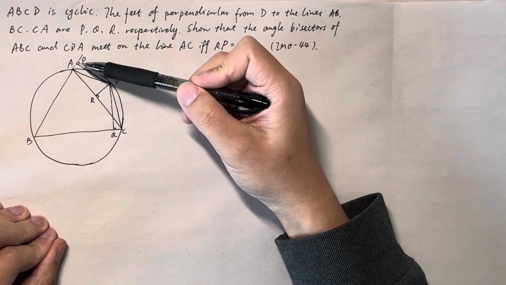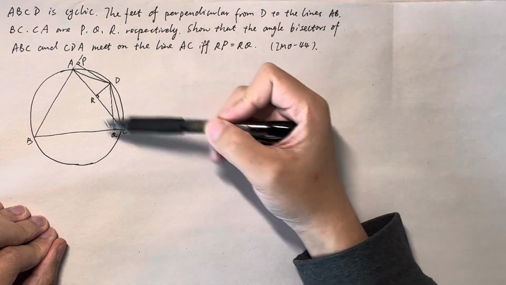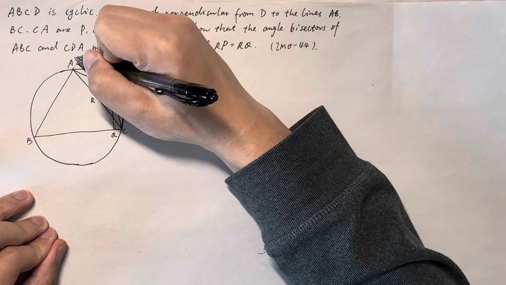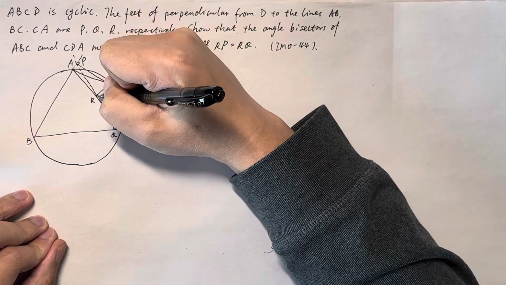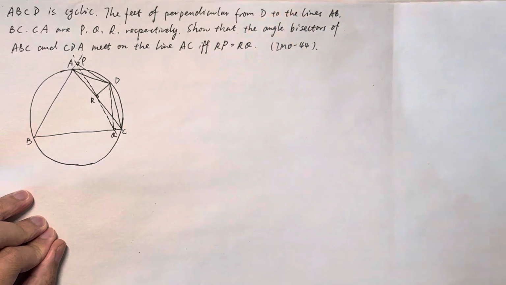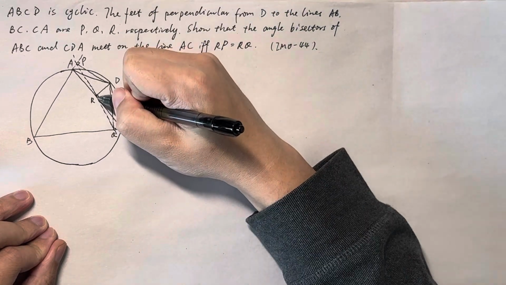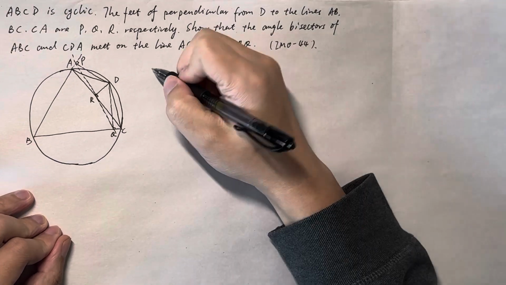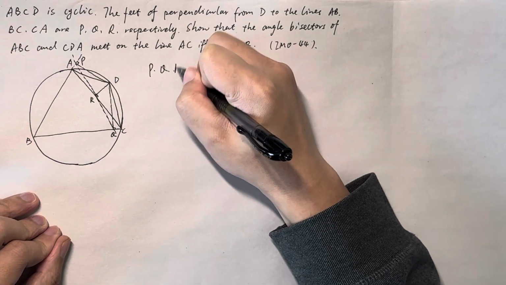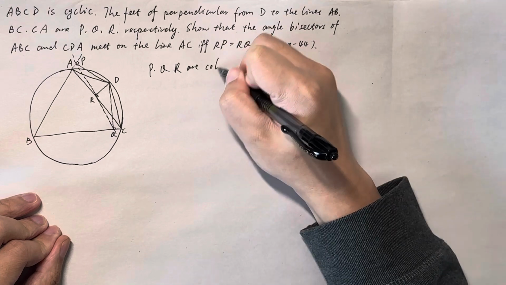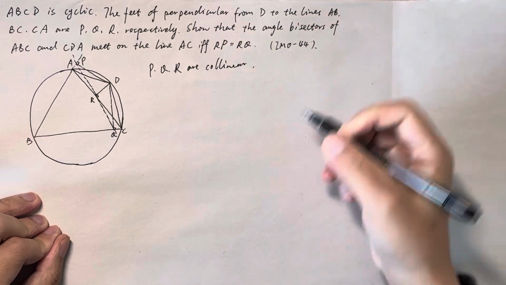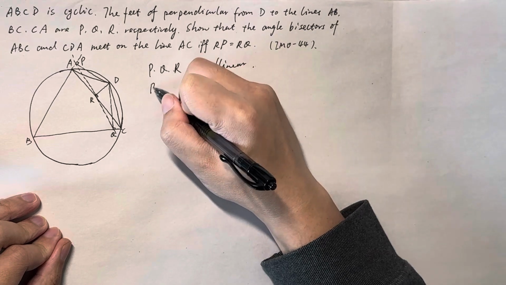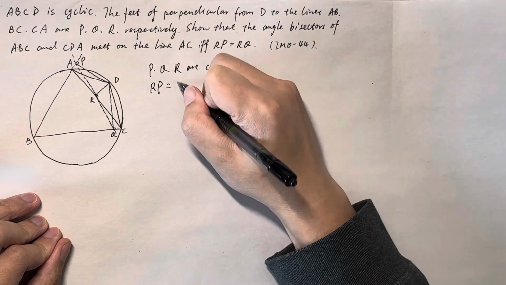We find the feet P, Q, R. So we know that P, Q, R are collinear based on Simson's theorem, right? Collinear.